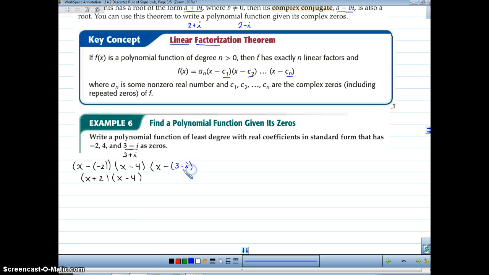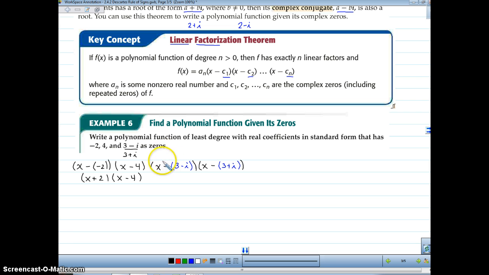Keep that in parentheses. You don't want to distribute the negative and make this more complex. So we're going to keep that bunch together. And then we're going to do the same thing, but we're going to subtract x minus the complex number 3 plus i. So remember, these complex numbers, you don't want to break them up until we start getting into the real distribution part. Keep them bundled together as long as you can.